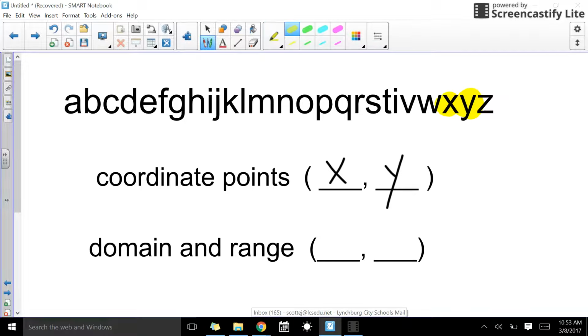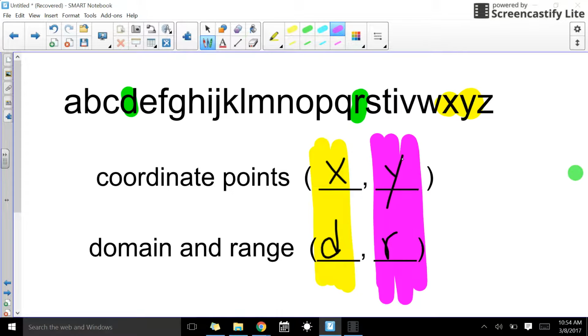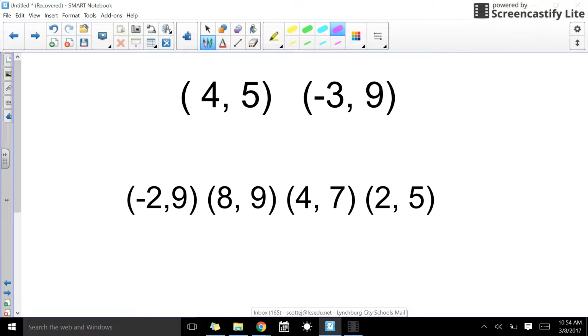And just like the alphabet again, D is coming before R, right? So when I need to figure out what my domain and range is, I'll set it up like this. So what this is saying is that all of my x values are considered my domain and all of my y values are considered my range.